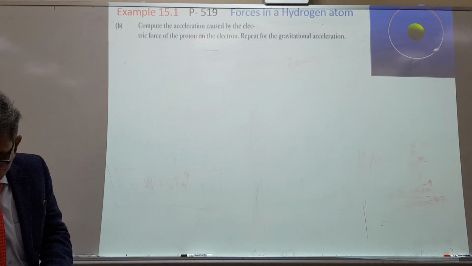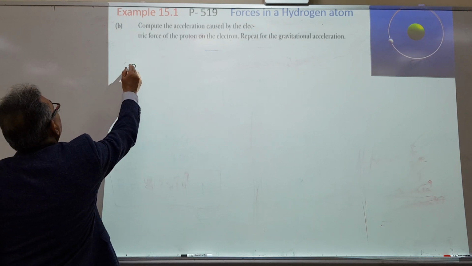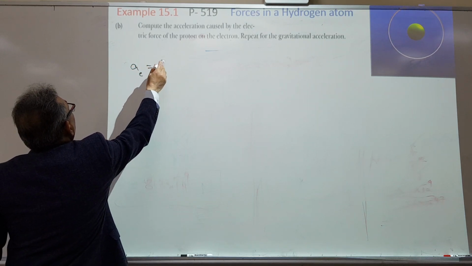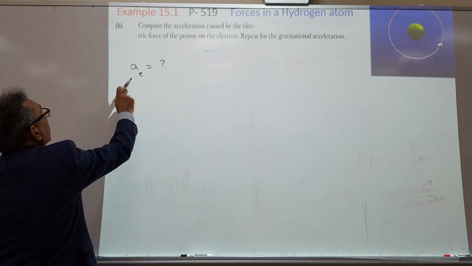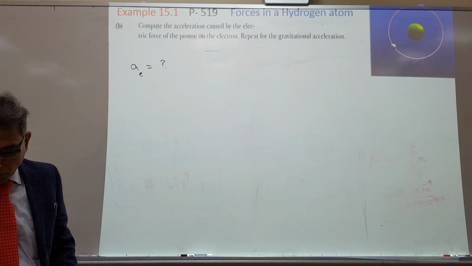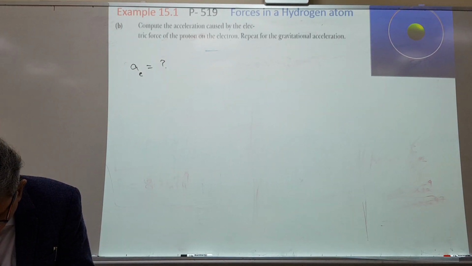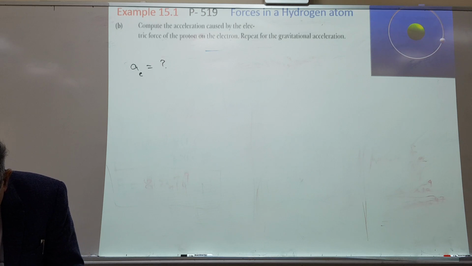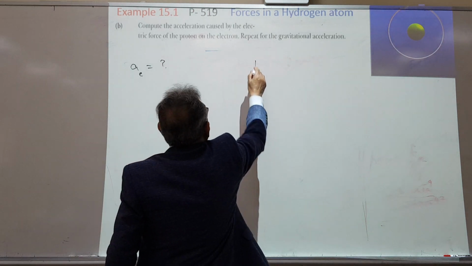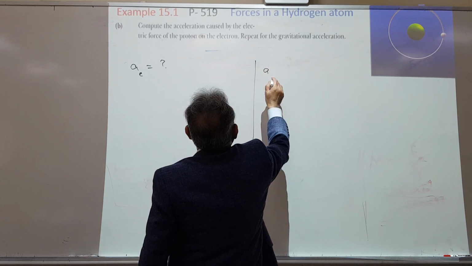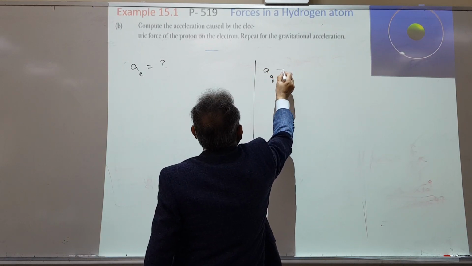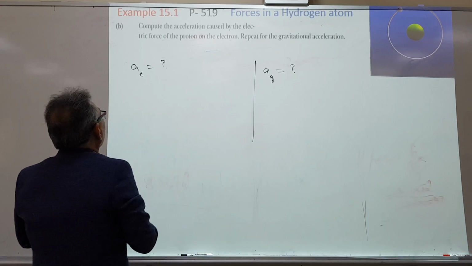So you are going to find out the acceleration of the electron caused by the electric force, and the second one, the acceleration caused by the gravitational force.